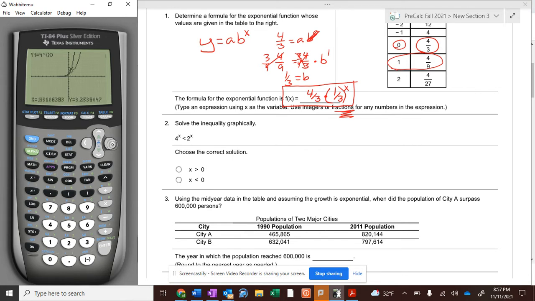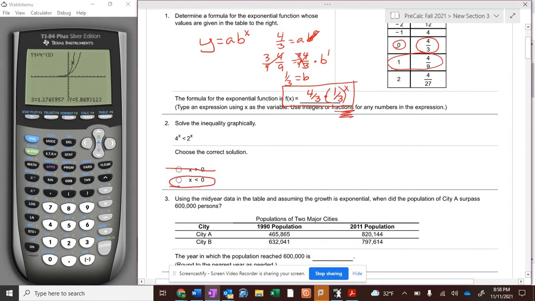If we go this way a little bit and go down, there's 2 to the x down there. There's 4 to the x up here. So 4 to the x is bigger than 2 to the x. Where's 4 to the x less than 2 to the x? Well, if x is bigger than 0, like 1, 4 is bigger than 2, so it's not this one.